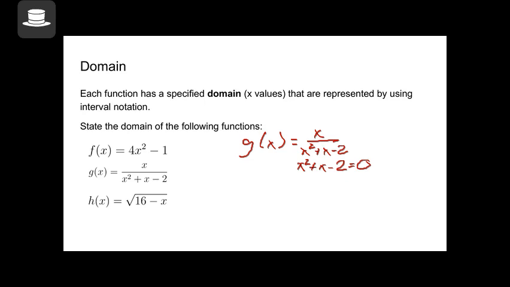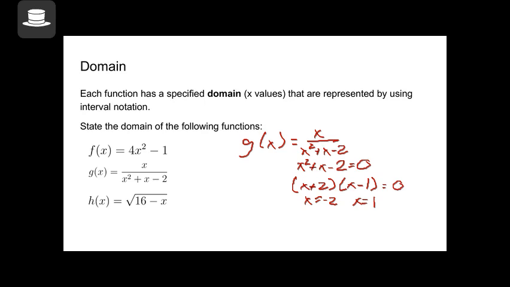That would mean my factors are x plus 2 and x minus 1. Solving each of these, I get x is negative 2 and x is 1. So I cannot have x be negative 2 or x be 1, or I'm going to have some kind of hole or an asymptote or something in my graph that the function just would not exist at these values.